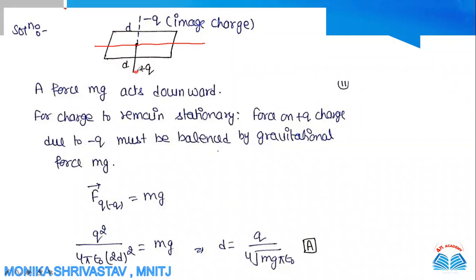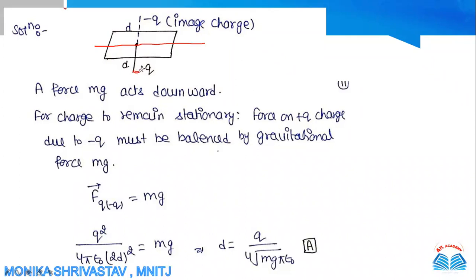So method of image is saying put another charge on the other side of that plane. That will be your image charge. And then using symmetry and boundary conditions, solve the problem. This is the basic of method of image.